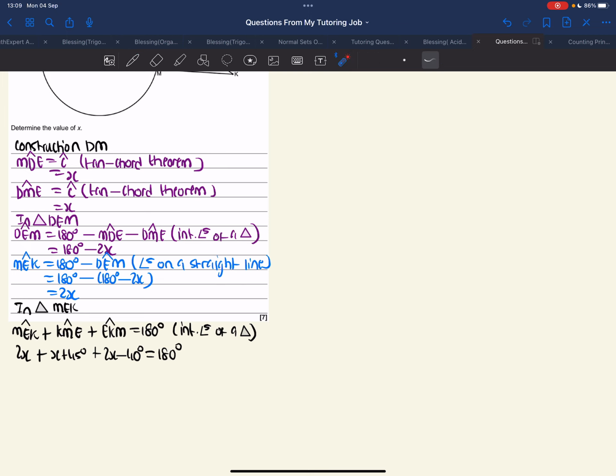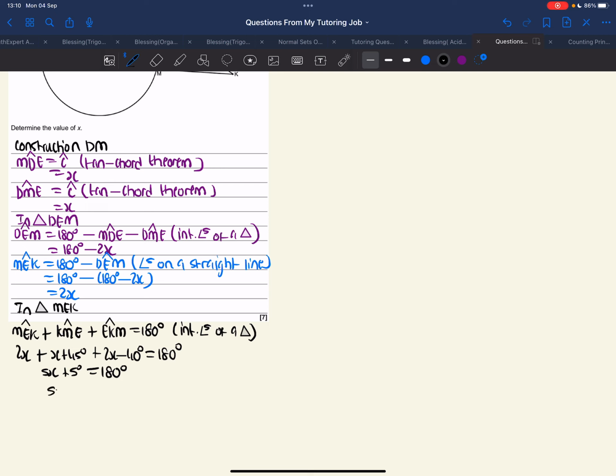Now we're going to collect the like terms. The like terms are 2x, x, and 2x, and then 45 and minus 40. If you collect those like terms, it's 2 plus 1 plus 2, which is going to be 5x. And 45 minus 40 gives 5 degrees. So it's 5x plus 5 degrees equals 180.